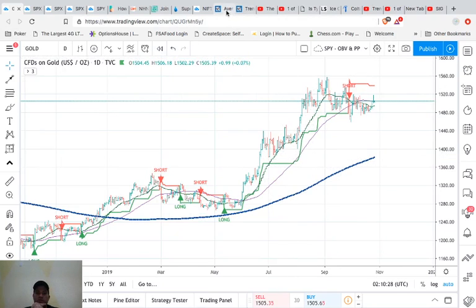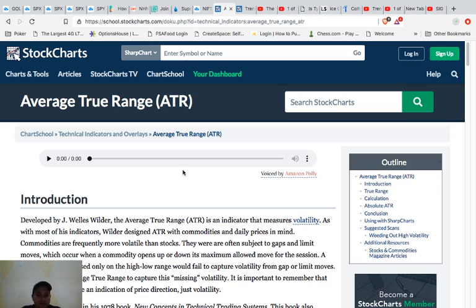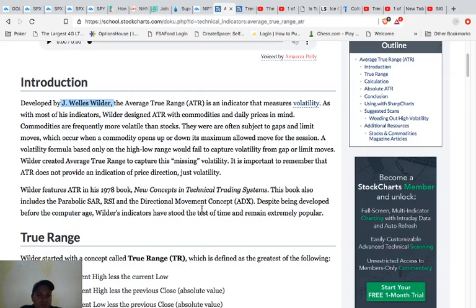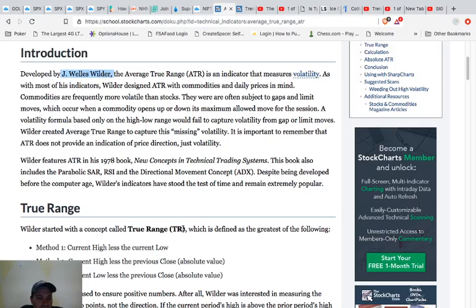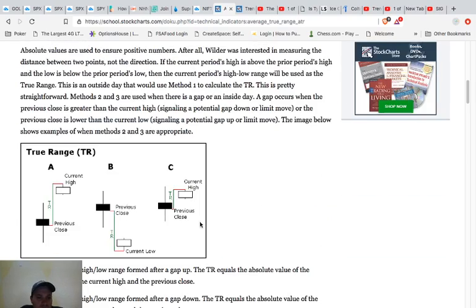This is the math of it. It's average true range. Same inventor as what Uncle Dennis uses. He doesn't use this particular indicator, but he uses the true range, I'm pretty sure.